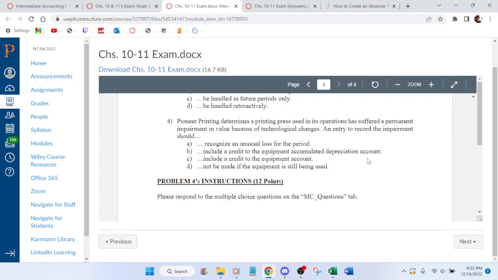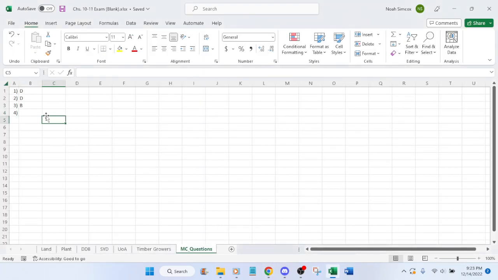No, actually what we're going to... Oh yeah. So if you have an impairment on a tangible asset, that means that you credit the accumulated depreciation. So B. So I got D, D, B, B.